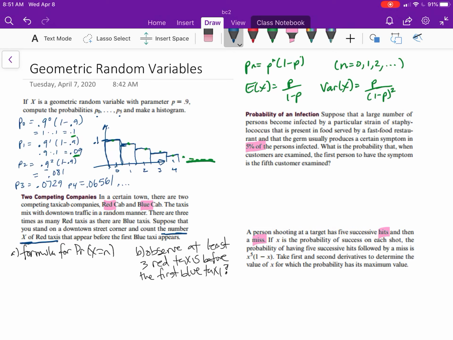All right. So Pn equals the probability of n. So the probability that's going to be a red. Well, we said there were 3 times as many, right? So another way of looking at that is if there were 4, 3/4 of those are red, right? For every 3 reds, we have 1 blue.